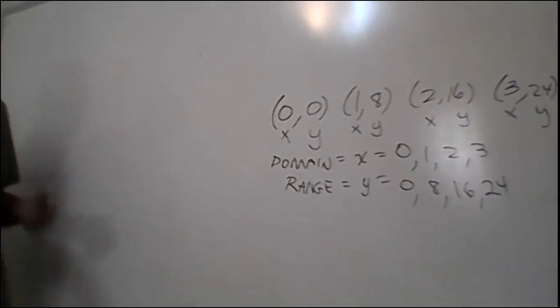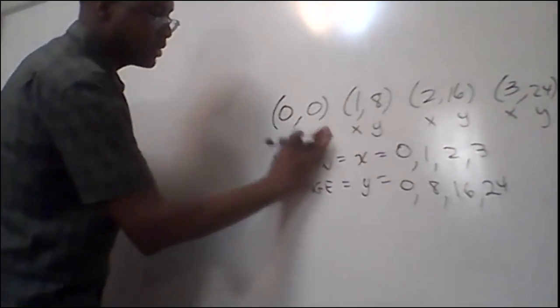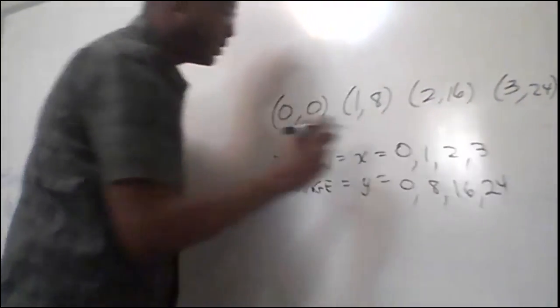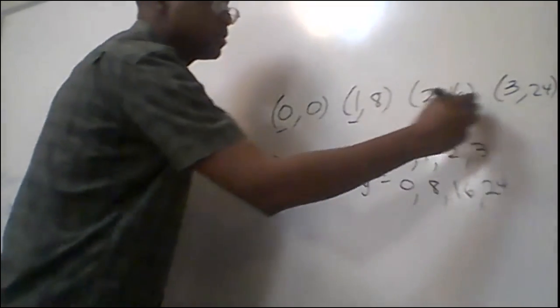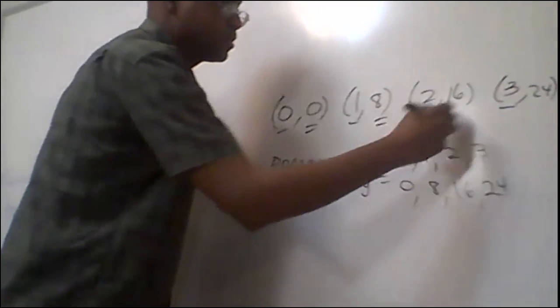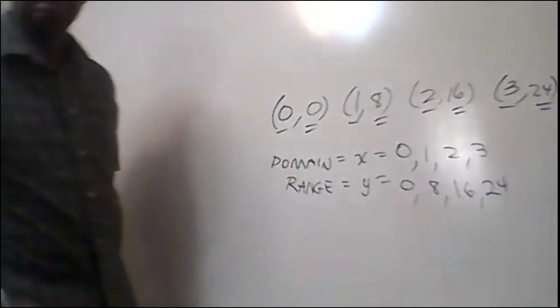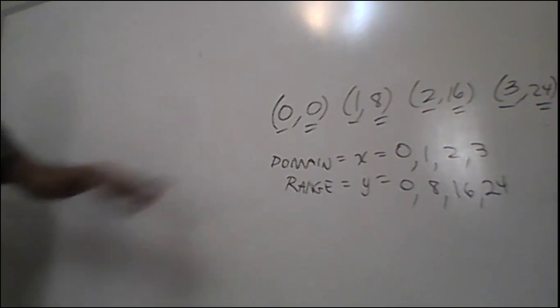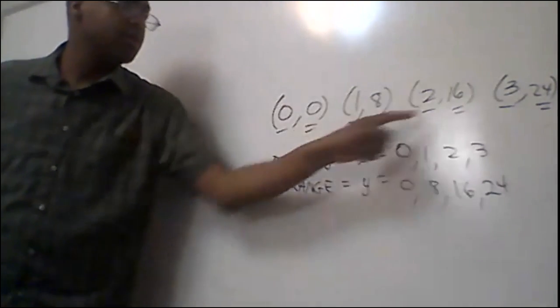Now, if you don't like that, maybe it doesn't make sense to you, you can do it another way, and you go, oh, those are my X values, those are my Y values.